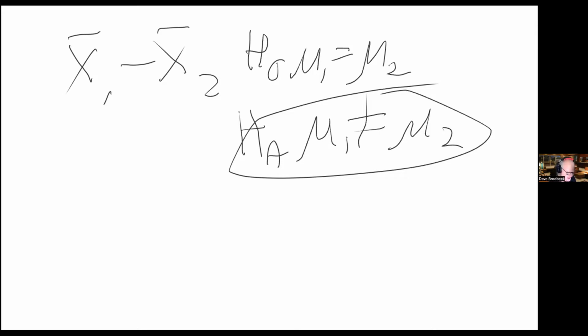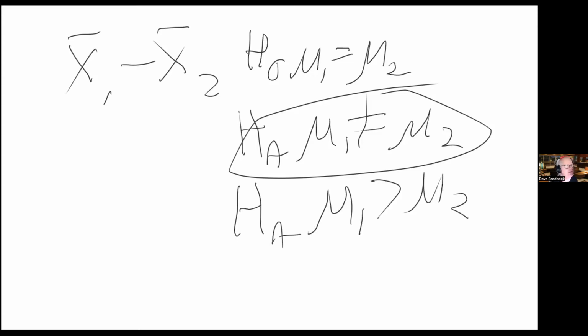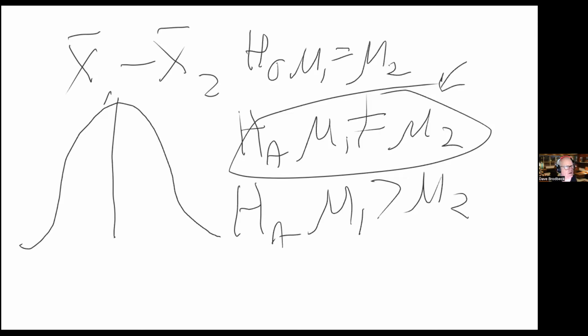So in this case, your hypothesis now becomes, let's say mu1 is bigger than mu2. So if we were to look at the distribution of possible differences, okay? If this is our hypothesis here, the non-directional or bidirectional hypothesis, there's a possibility the result could be here and a possibility the result could be here.